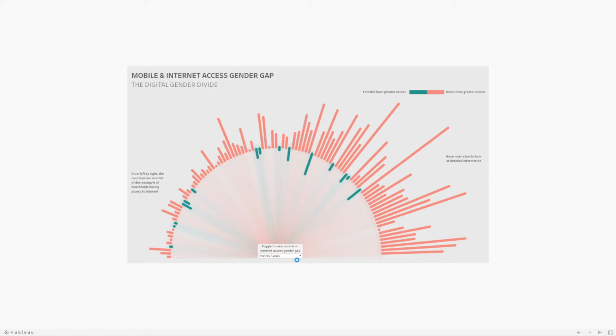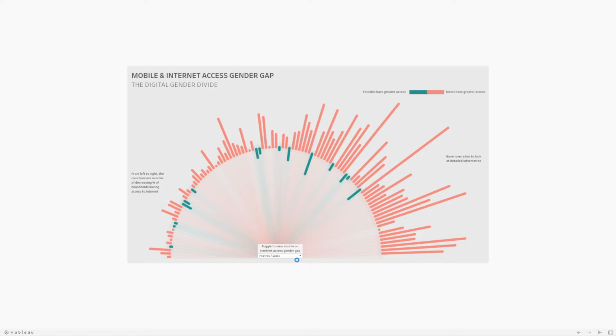I was going to be critical at first, and I'm sure I still have things to say, but I quite like how obvious it is to see that there are countries where women have more access because of this inside and outside kind of view. Yeah, I had the same feeling. And I was going to say, I know the red-green color palette has issues because of color blindness, right?